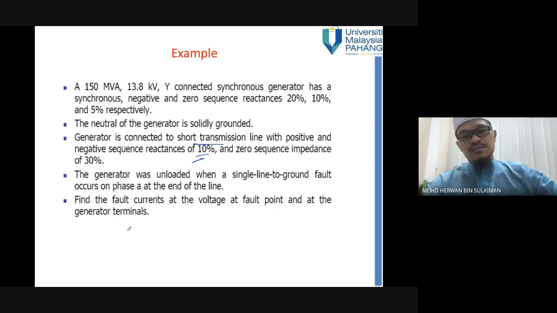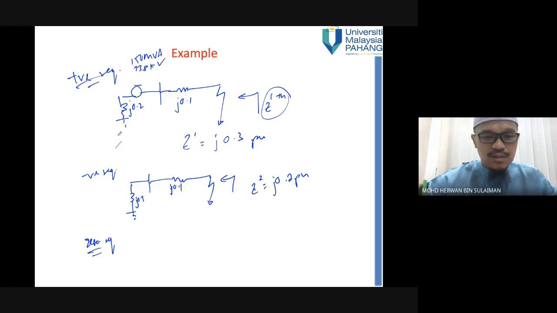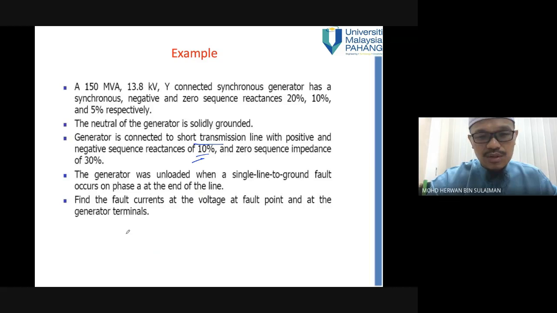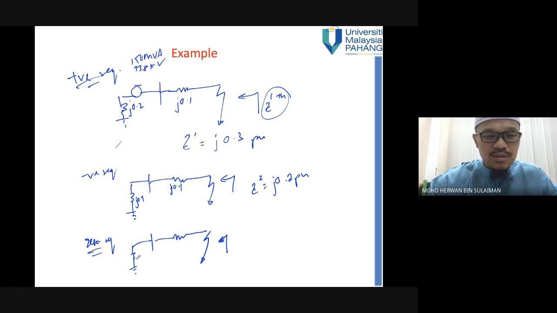And so you just put it here. And then your transmission line is also similar. There is no change of the value or per unit value. And then 5%, 30%. So one is J 0.05, J 0.3. So your Z0 equals J 0.35.